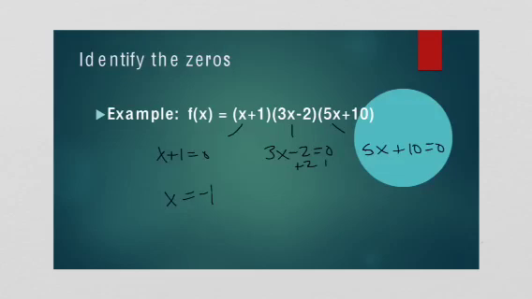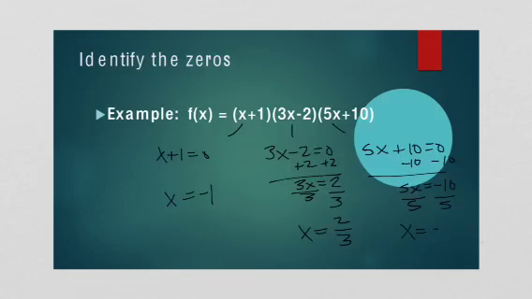Here I have to add 2 and divide by 3, and I get x equals 2/3. Finally, take away 10 and divide by 5, and I get x equals negative 2. And those are my zeros of this function.